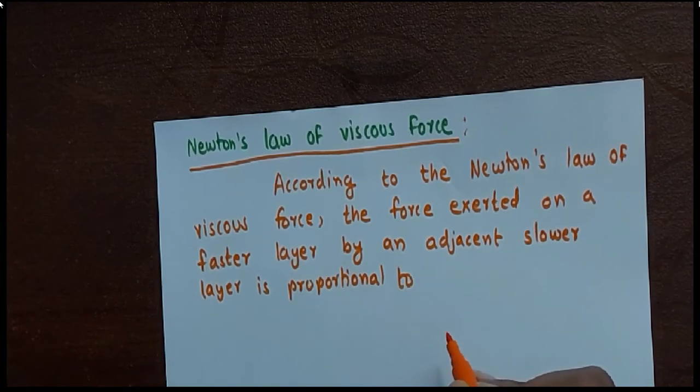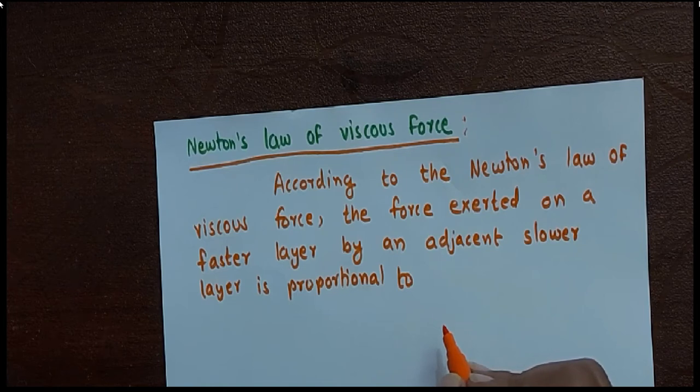So there is one faster layer, and adjacent to the faster layer there are slower layers.